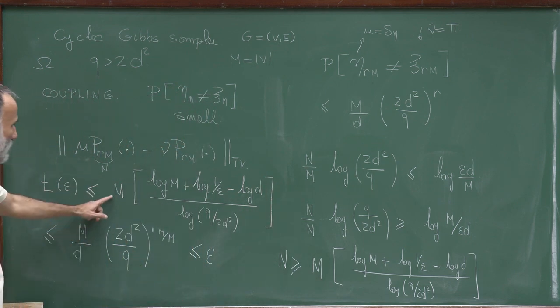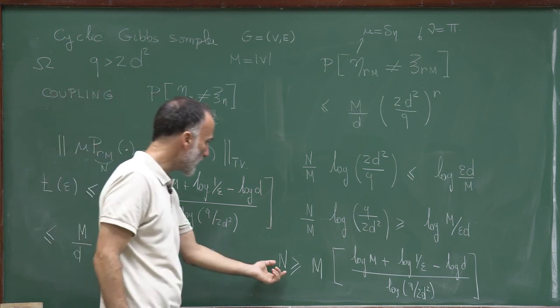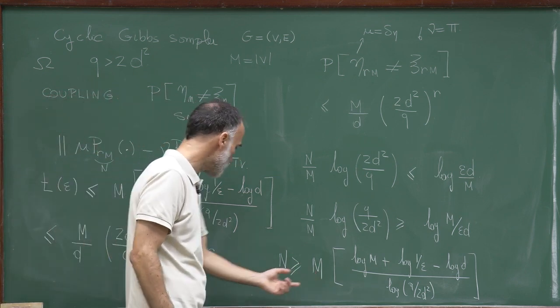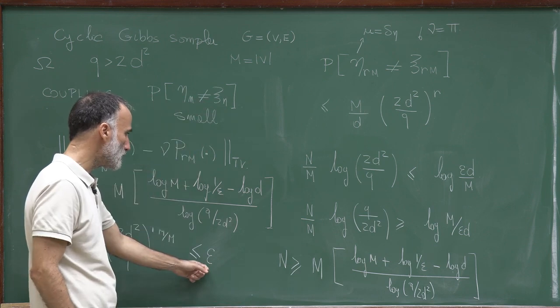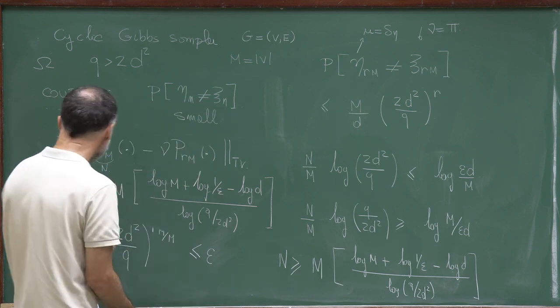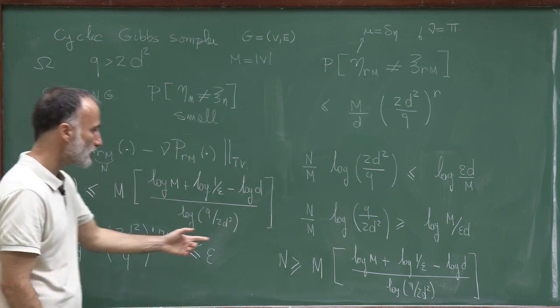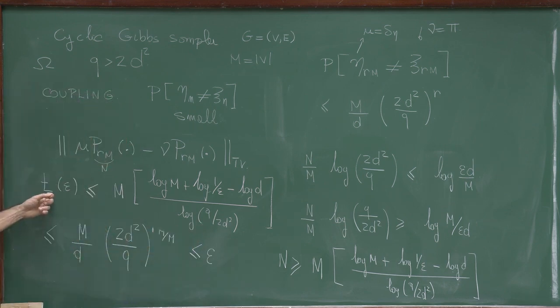Right, t epsilon is bounded by this quantity because if I take time n larger than this quantity, then the total variation is bounded by epsilon. And therefore I don't need to go that far, I can go just before that. So the mixing time is bounded by this quantity.